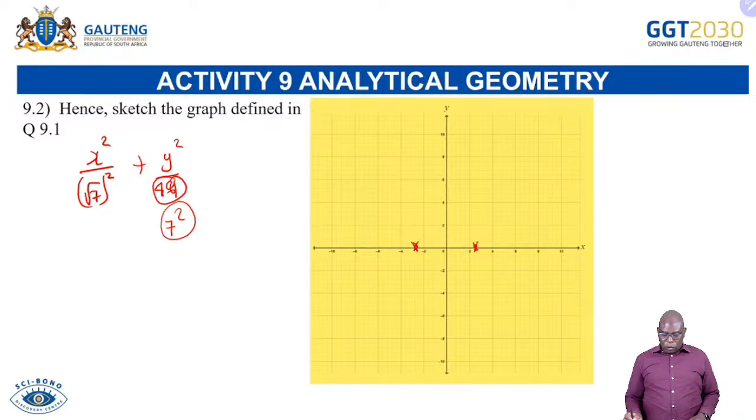So if it's 7 squared, I have a 7 somewhere here and a 7 somewhere there. From there, I put this as a 7. This I put as square root of 7. This I put as negative square root of 7. And this is, oh sorry, negative 7. Then I can go and draw my ellipse.